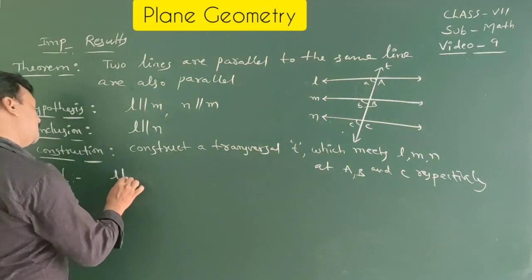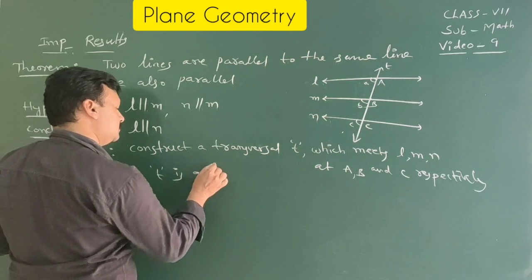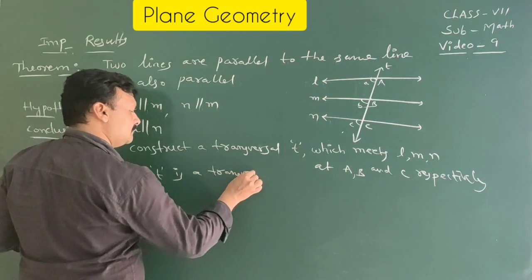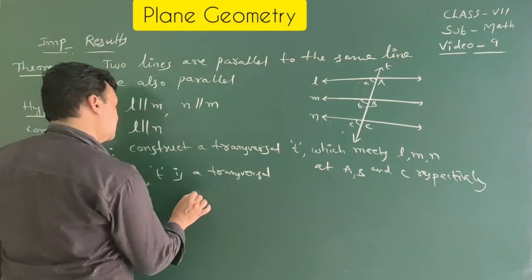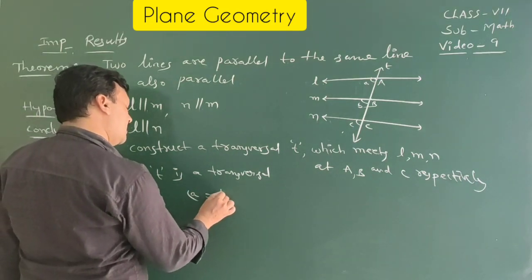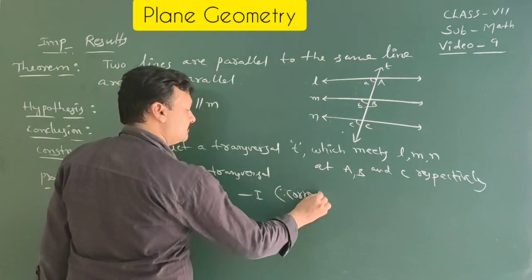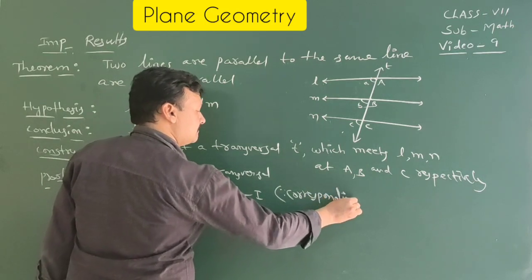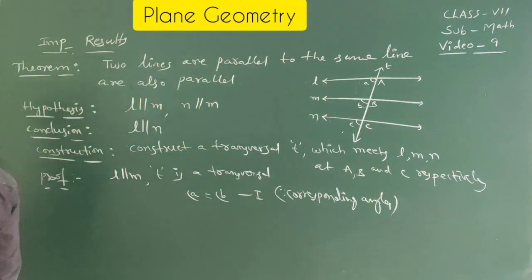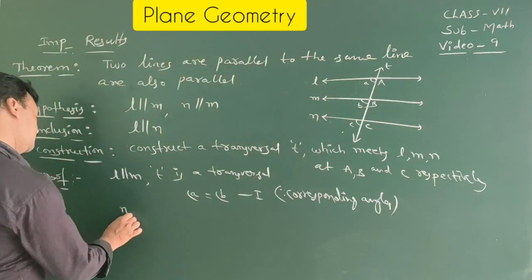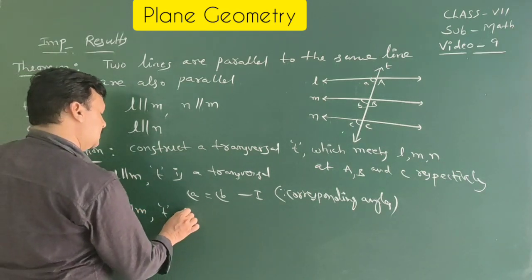Now L is parallel to M and T is a transversal. With this you can say angle A equals angle B, corresponding angles. Now, N is parallel to M and T is a transversal.